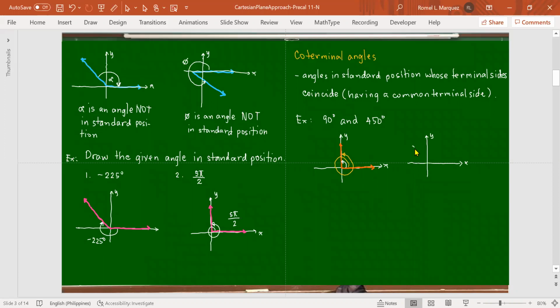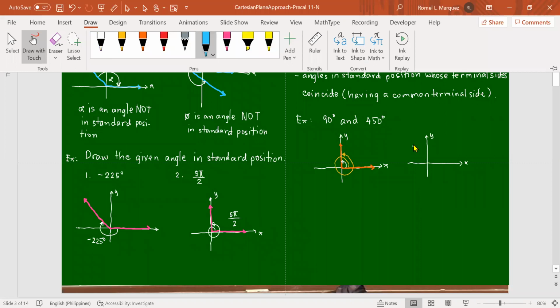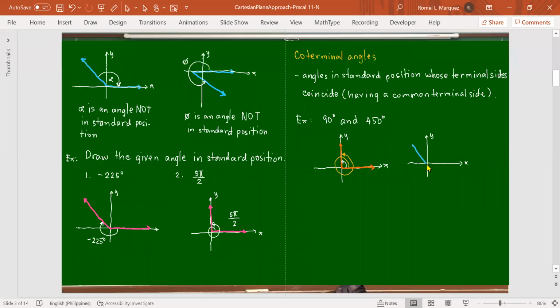Let's say I have this angle, with terminal side and initial side.